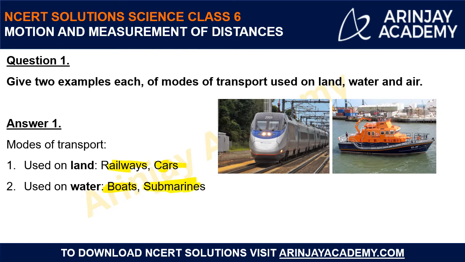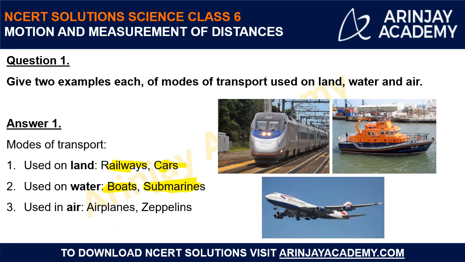So these can be the examples for the modes of transport on water. The third is used in air. So in air it can be airplanes, helicopters, zeppelins, and can be others as well. So here we are done with the first question, the three modes and two examples for each. Let's move to the next question.